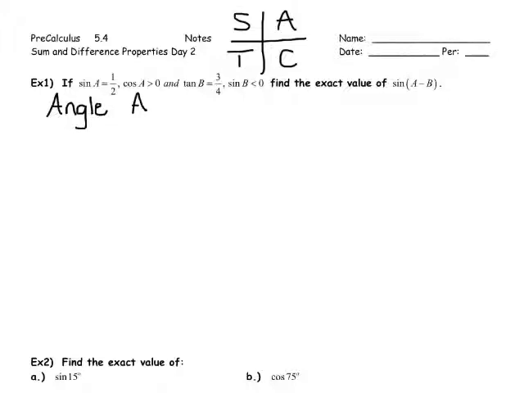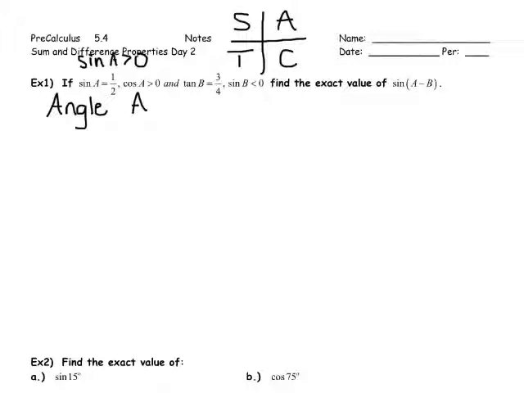Now, when you draw these triangles, it is important to satisfy the quadrant that you're in. So first, if sine of A is 1/2, since 1/2 is a positive number, then I could also say sine of A is greater than 0. So we know sine is greater than 0, cosine is also greater than 0.